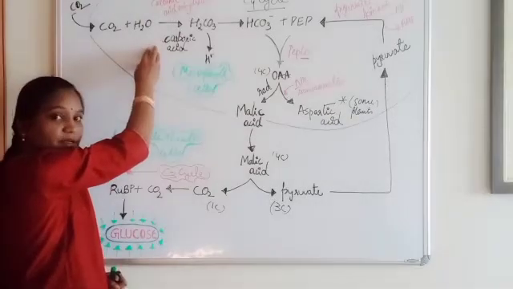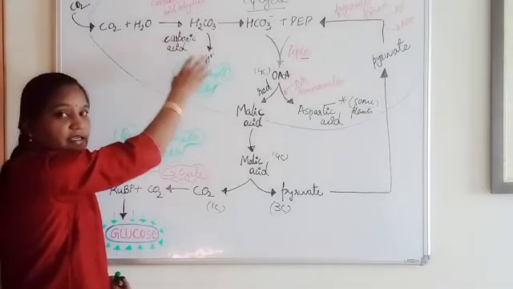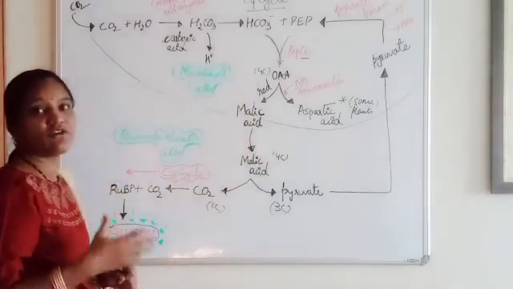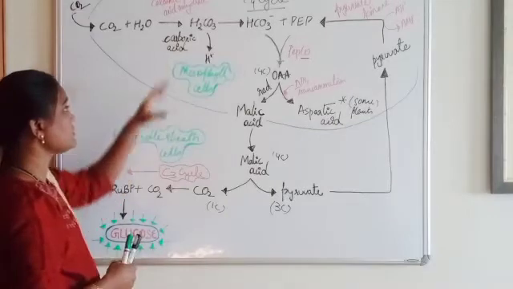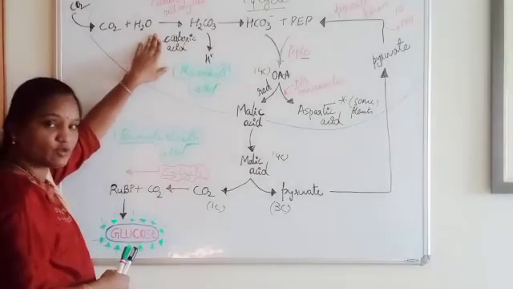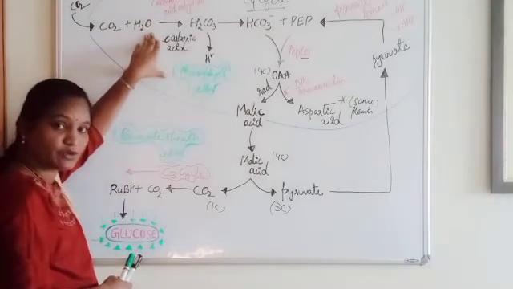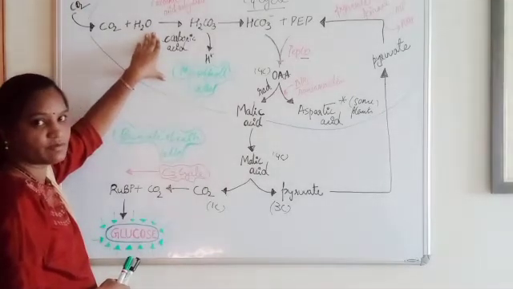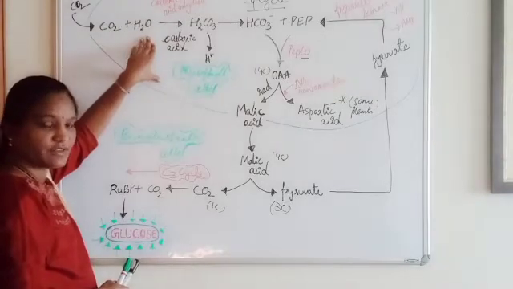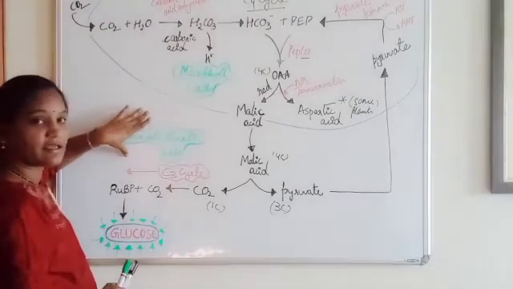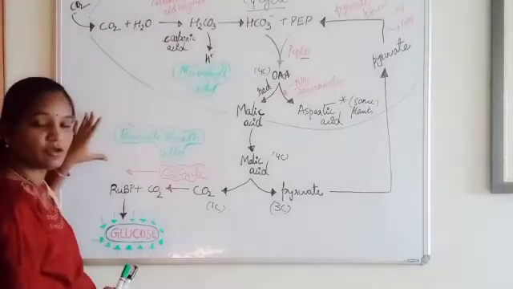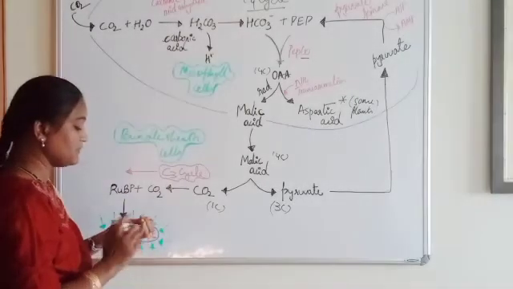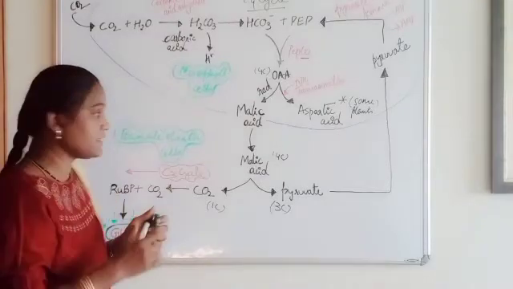If rubisco were present, it could show its activity with oxygen. Hence the absence of rubisco enzyme won't show any photorespiration. So C4 plants lack photorespiration in mesophyll cells. In the bundle sheath cells, rubisco enzyme is present, but as these bundle sheath cells are covered in a wreath-like condition, isn't it?